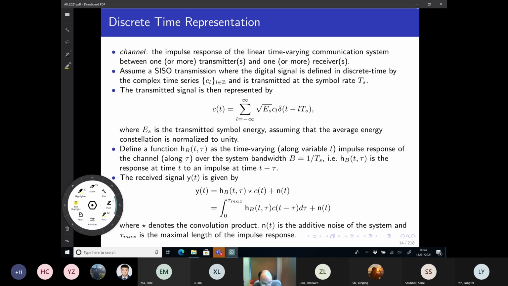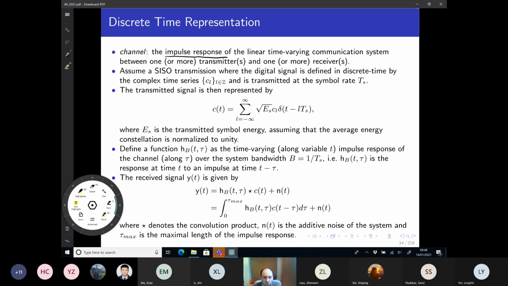Here, the channel in these modules will be a little bit closer to what you have in linear systems. You will view this as simply an impulse response.